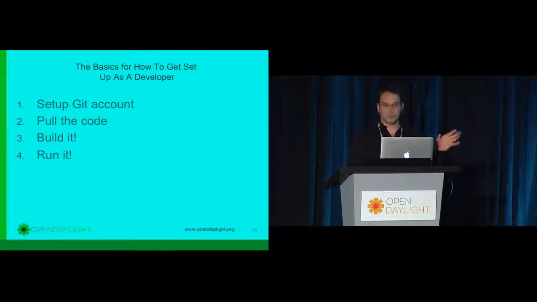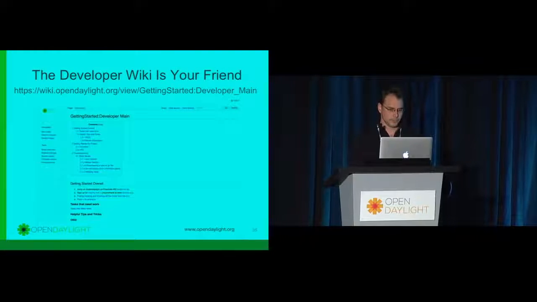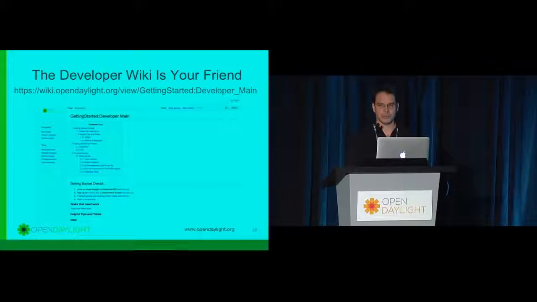So we'll set that up, then we'll pull the code and build it and run it. Hopefully this probably won't take an hour, but feel free to load. You can do this in the Fedora VM that you have, by the way. A lot of this work is going to be done in a browser, though, and feel free to interrupt me and I'll wait and help you get this set up.